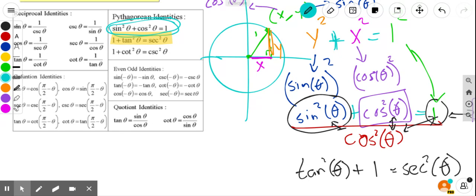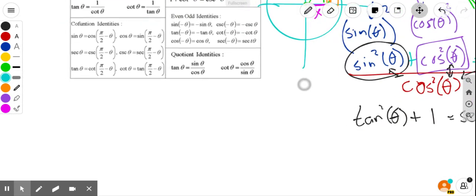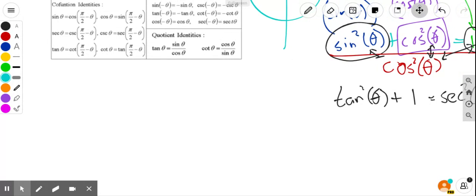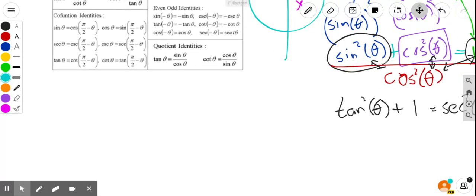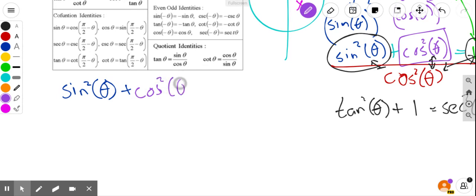So if I take sine squared of theta plus cosine squared of theta equals 1.